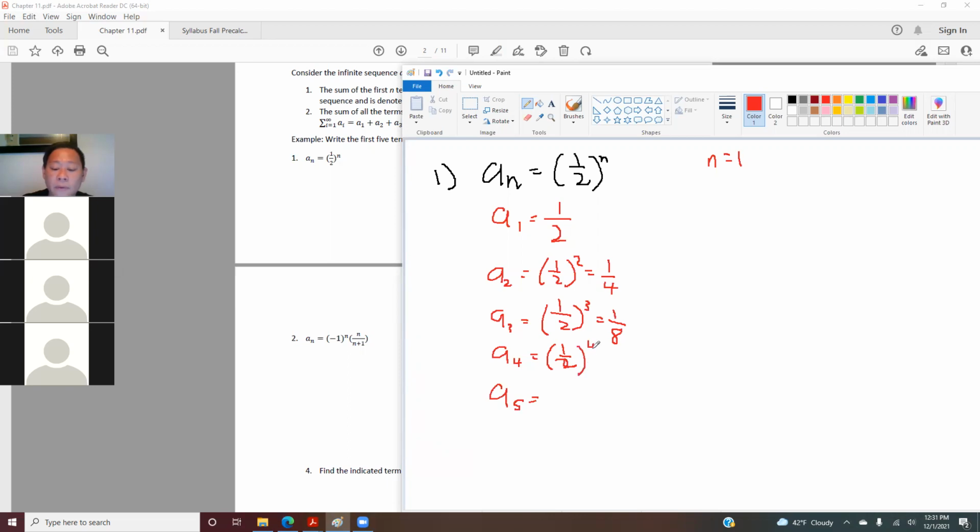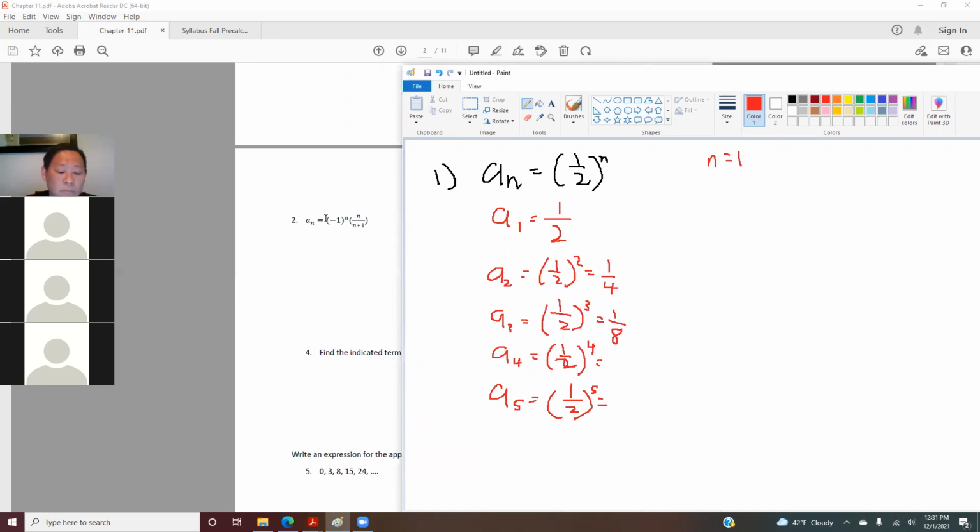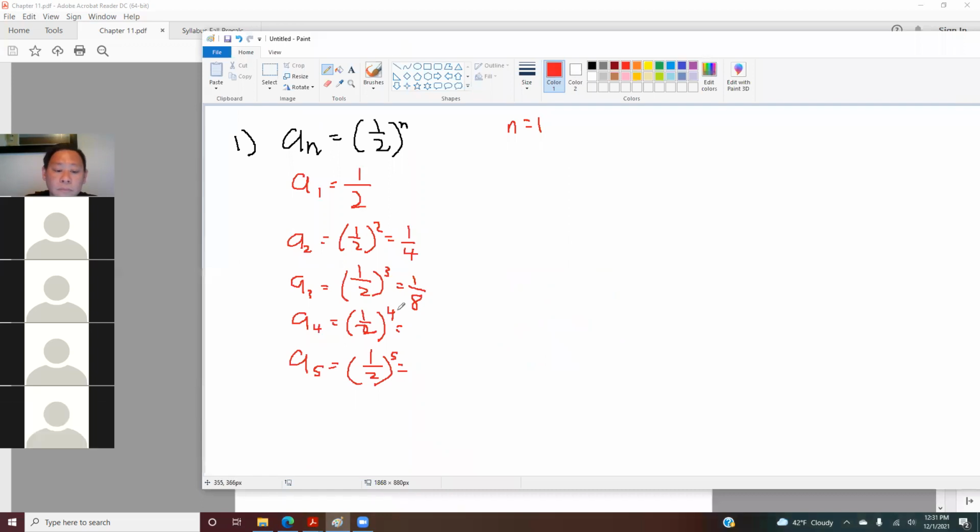Anyone know what 1/2 to the power of 4 is? 1/16. And A5, 1/2 to the power of 5, which is 1/32. Okay. Now this is easy, right?